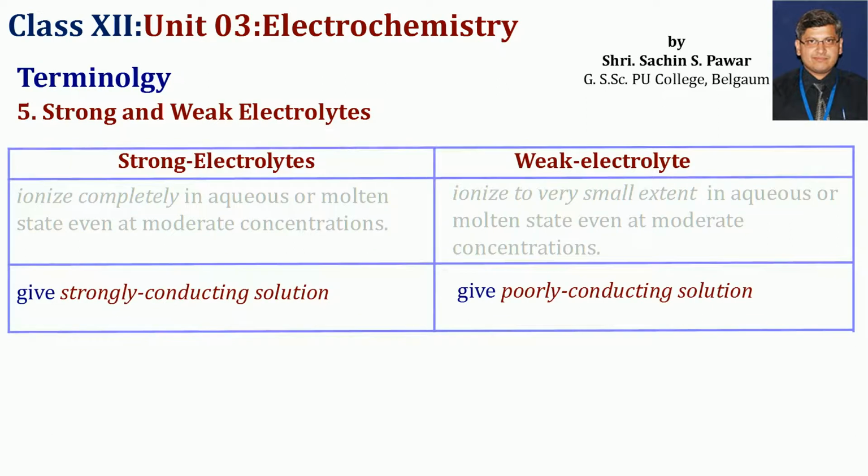As the ionization suggests, in strong electrolyte solution we have more number of ions due to complete ionization, while in weak electrolytes we have less number of ions due to partial ionization. And since ions are responsible for carrying the current in both the cases, strong electrolytes should give strongly conducting solution, while weak electrolyte should give poorly conducting solution.